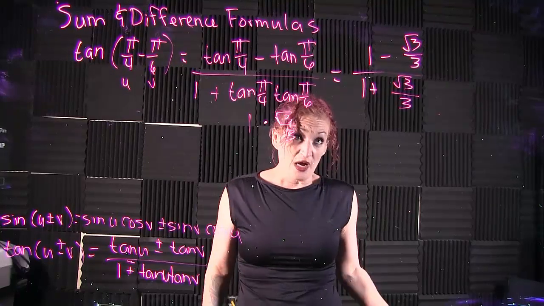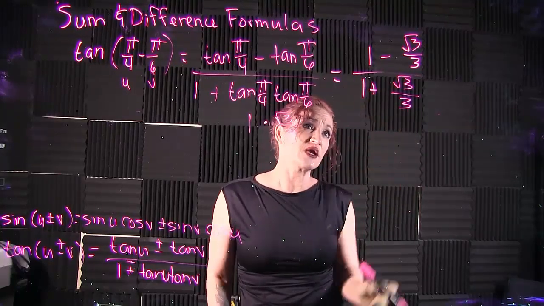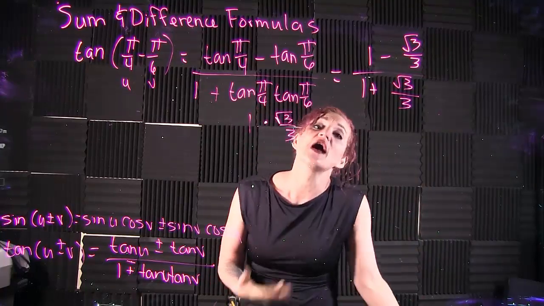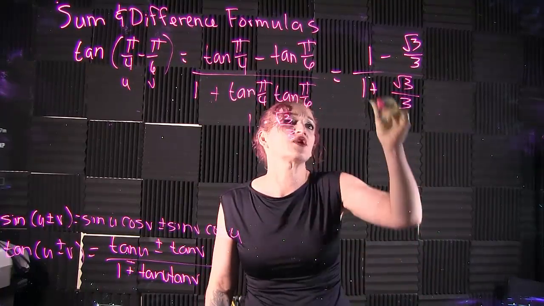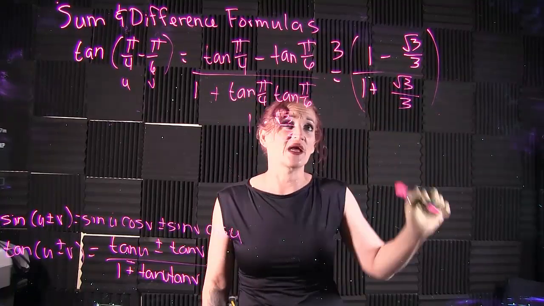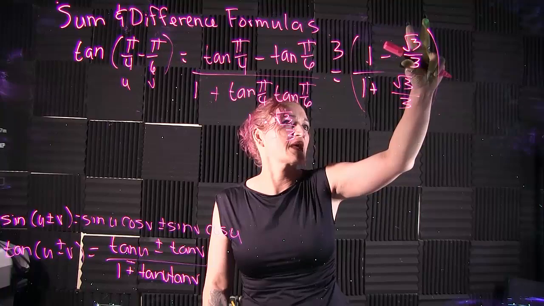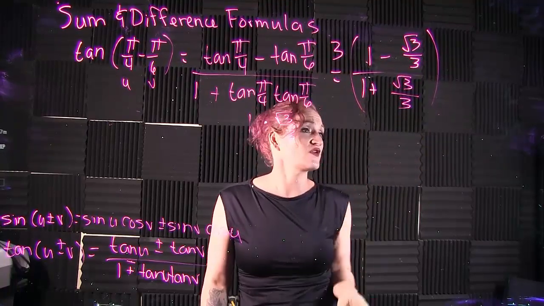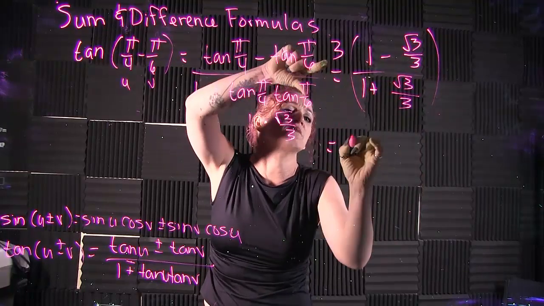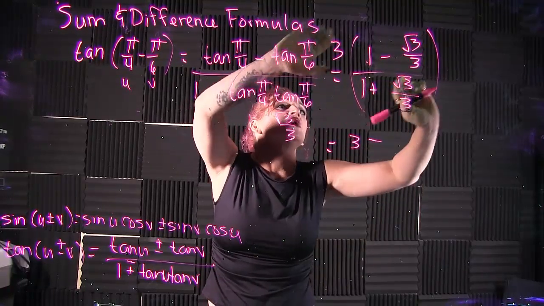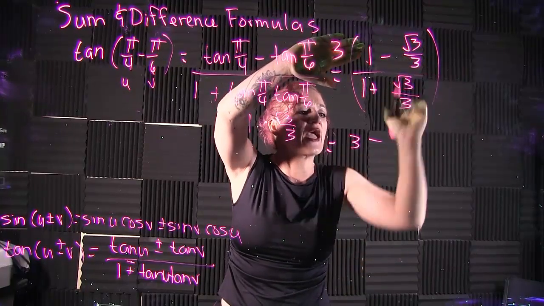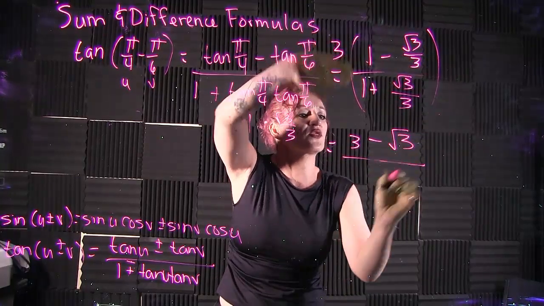So, because we have fractions thrown in here, we have a fraction up top, fraction down bottom, and then the whole thing is a fraction. I'm going to clear out some of our fractions here. I am going to multiply everything by a 3. Right, 3 times a 1, 3 times this fraction, 3 times everything in the denominator. So that's going to look like, in the numerator, 3 times 1 is a 3, minus, when I multiply 3 times this fraction here, again, our 3's are going to cancel, and you can drop down square root of 3.